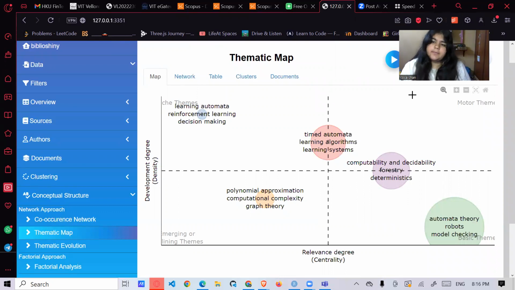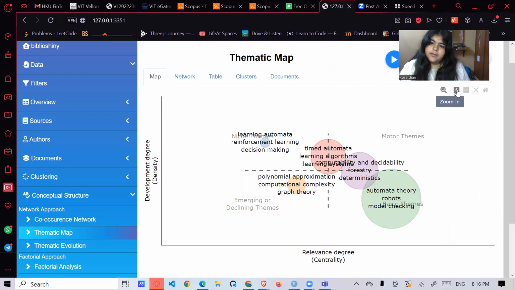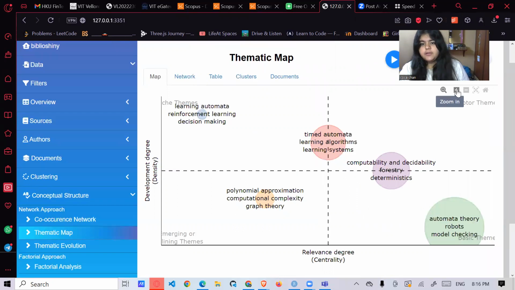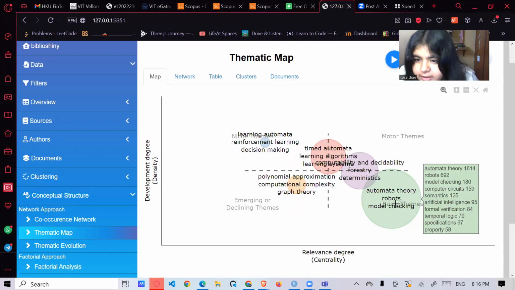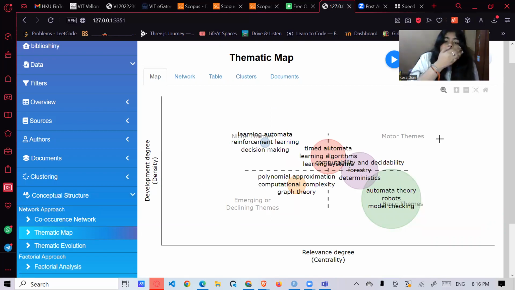Thematic maps are very helpful in studying data. You can see that this thematic map has been divided into 4 different regions, right? You have niche themes, motor themes, emerging or declining themes, and basic themes.